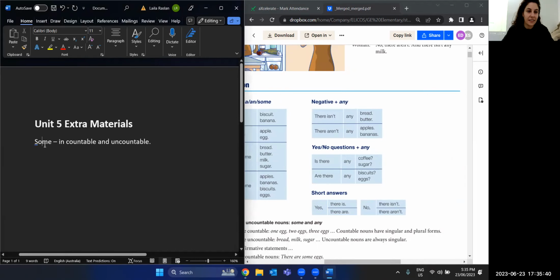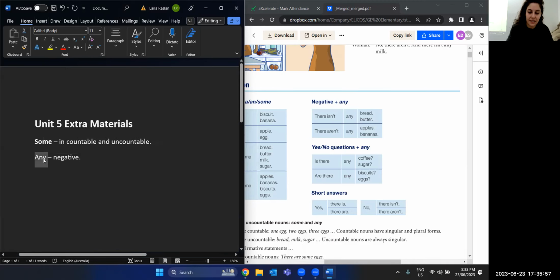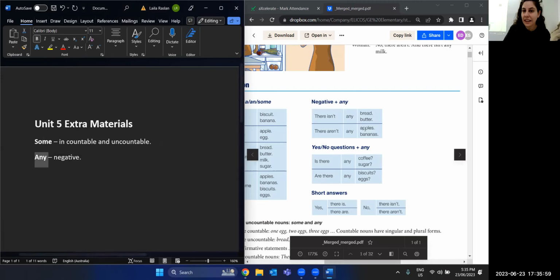In the negative is where we use any. So any is in the negative. So you don't say there isn't some bread. You say there isn't any. So any, use it in the negative sentence. And again, any can be used in both uncountable and countable.